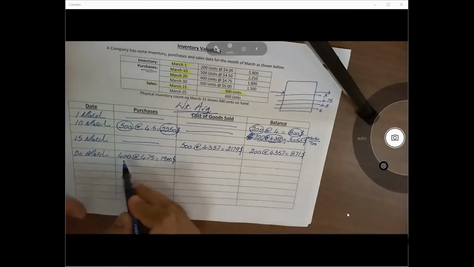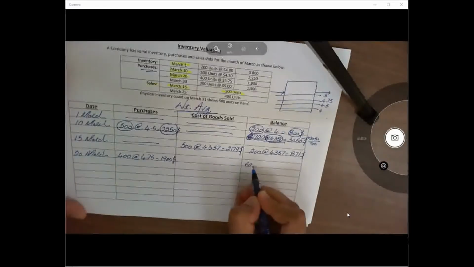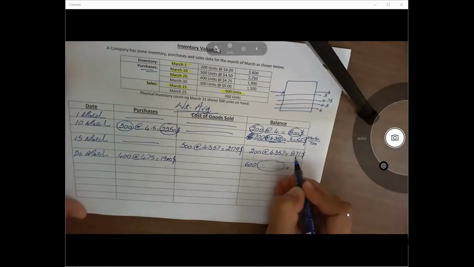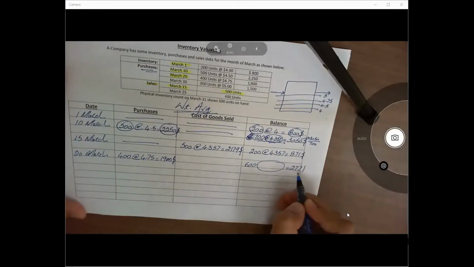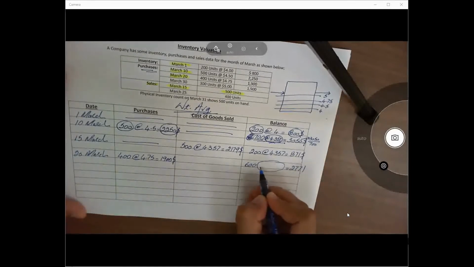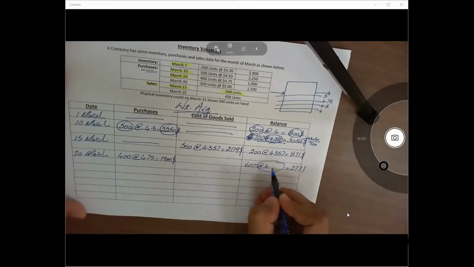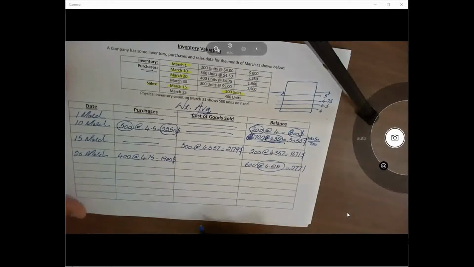So 200 plus 400 is 600. This we don't know, but we know 871 and we know 1,900. So 1,900 plus 871 is 2,771. This 2,771, when we divide it by 600, comes out to be 4.618. So this is our balance.